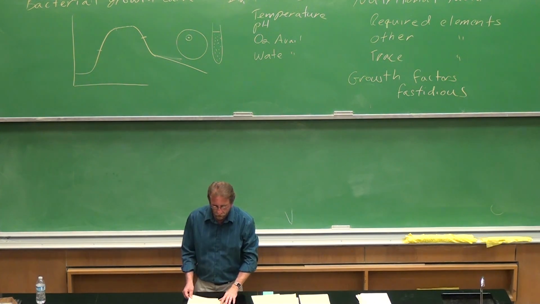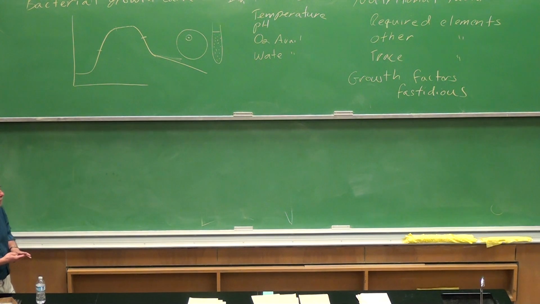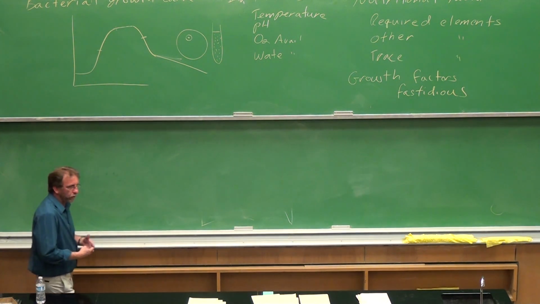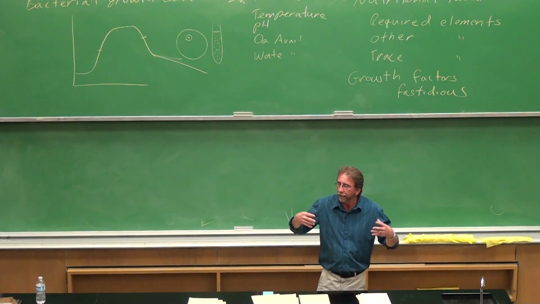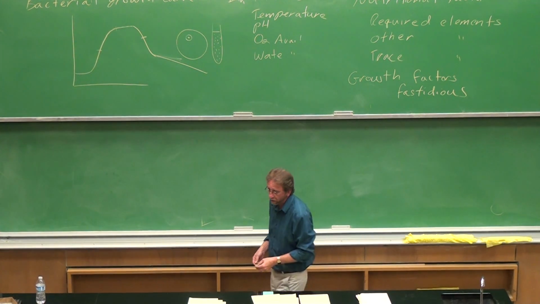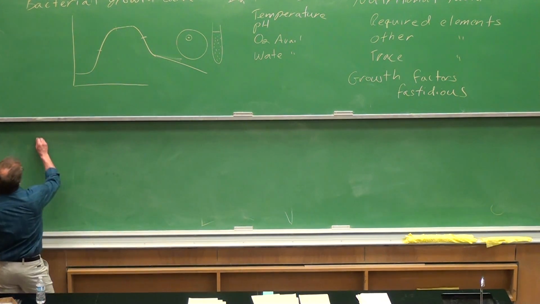So when we go to grow bacteria in a laboratory setting, we have to consider what the purpose is, what we're trying to isolate, the types of microbes, the environment that they came from, and trying to determine the media that we want to use in growing and cultivating those microbes. There are different kinds of media.